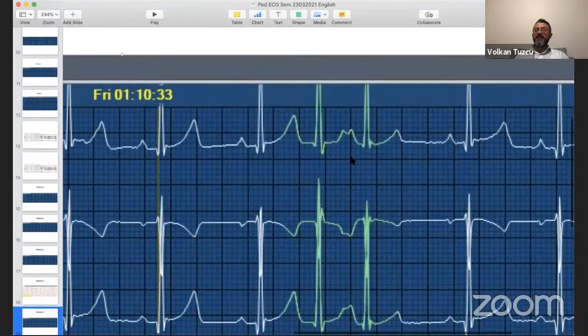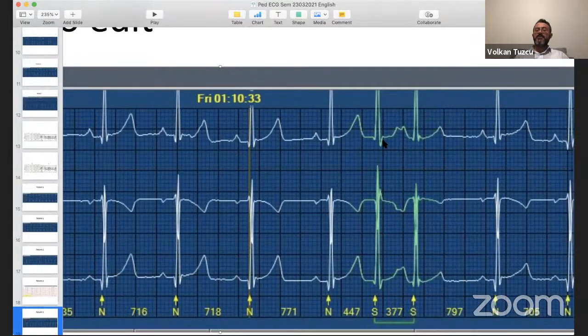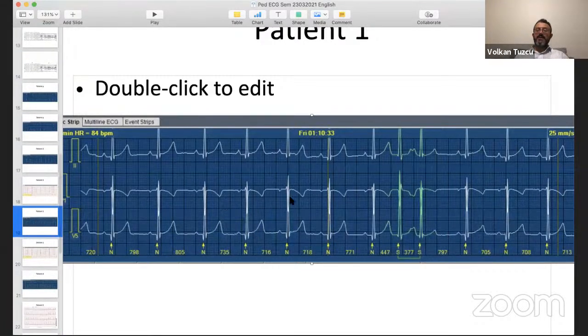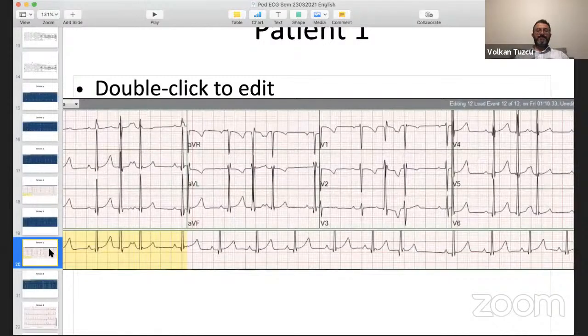This is sinus, and actually this is a sinus capture beat. So what you see here in summary is a PVC followed by a sinus capture beat. Very good. If you look at it in detail like this and think about your terminology, you'll be able to differentiate all these things.